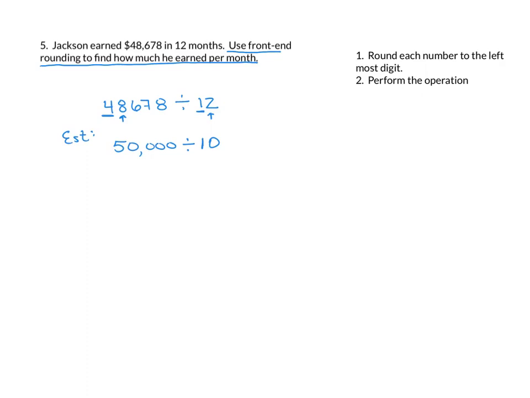So now if we divide 50,000 by 10, I can cross out a 0, and we get $5,000 per month. And that is our estimate.